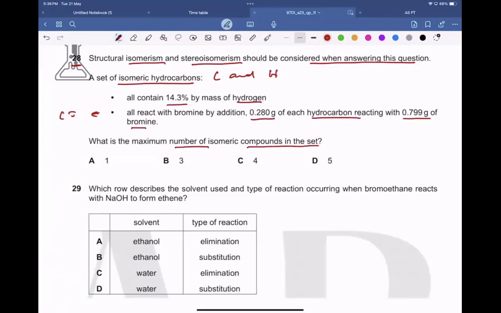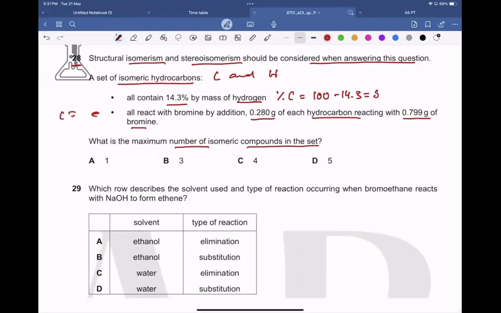Okay, so we have to figure out the isomeric compounds, but we have to first figure out how many carbons were there. So if the percentage of hydrogen is 14.3, the percentage of carbon is going to be 100 minus 14.3. Can anyone use the calculator and tell me the answer quickly? 85.7.